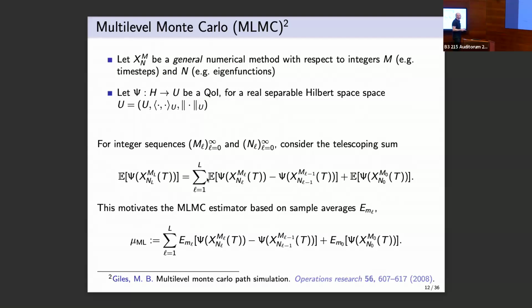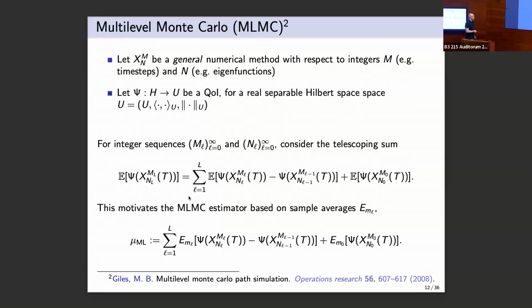And I can view this as a motivation for estimating the left side. I could say that, okay, I want to estimate the left side here by just taking a sample average of realizations of the left side. Or alternatively, I could estimate the left side by taking sample averages of each of the summands that I have on the right side here. And let me do that instead.